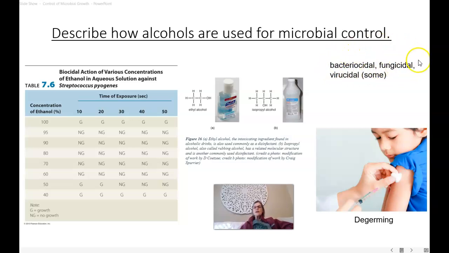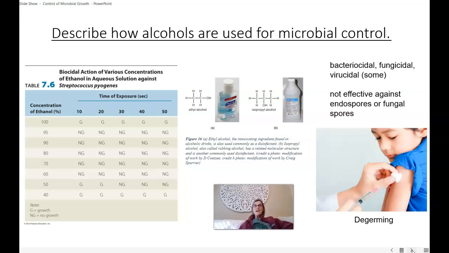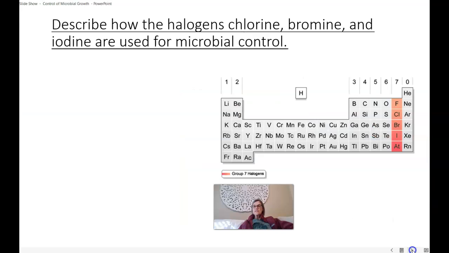One of the things to keep in mind is it evaporates very quickly, so it might not be in contact with the surface long enough to kill things, which is why a lot of these alcohol antiseptics, the hand sanitizers, have a thickener in them so the alcohol doesn't evaporate so quickly. Not effective against endospores or fungal spores. So that'll tell you that alcohol is not very effective at sterilizing.